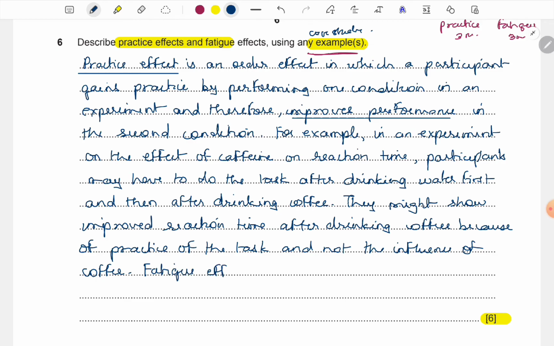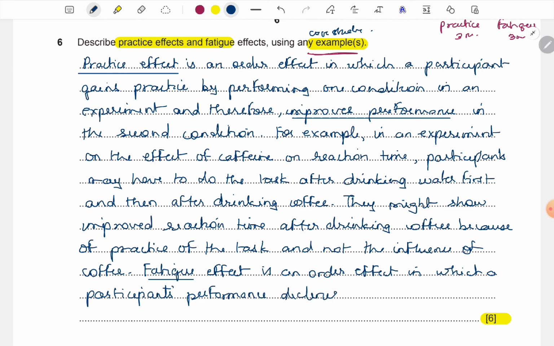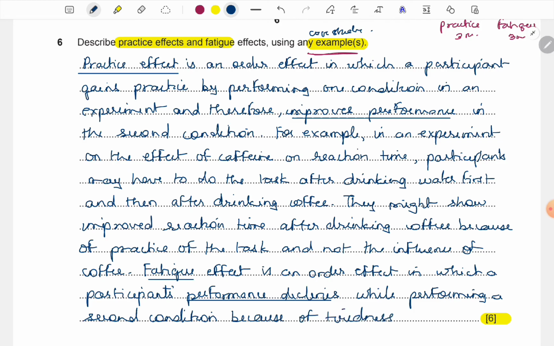Similarly, we have to write, so fatigue effect is an order effect in which a participant's performance declines, again, performance declines is the main thing, while performing a second condition because of tiredness after performing the first.